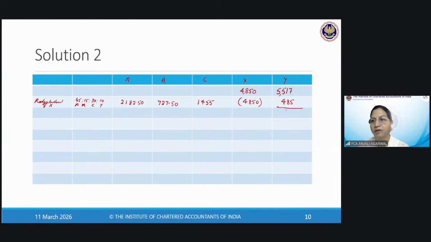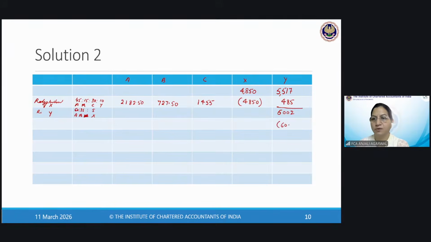Now you will get a total here of 6,002. Then redistributing Y amongst A, B, C, X, the ratio is 60, 35, C is not there, 5.